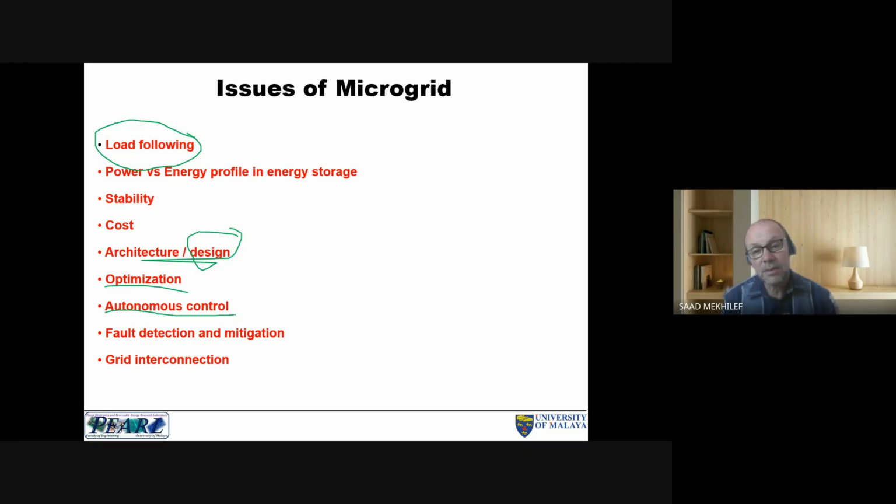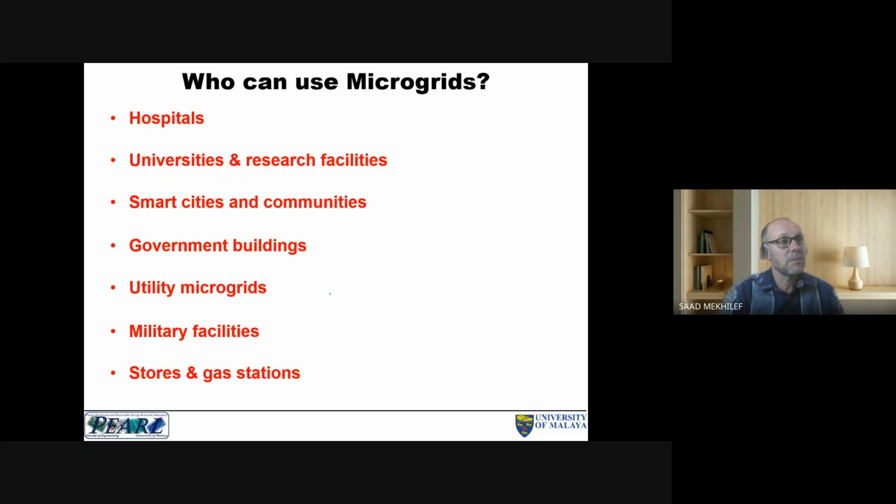And the last one is grid connections. Whenever you have grid connections, you have a lot of issues, because you need to match the frequency and the voltage of the grid, and the grid is sometimes highly variable. So these are some issues that we usually face with microgrids.